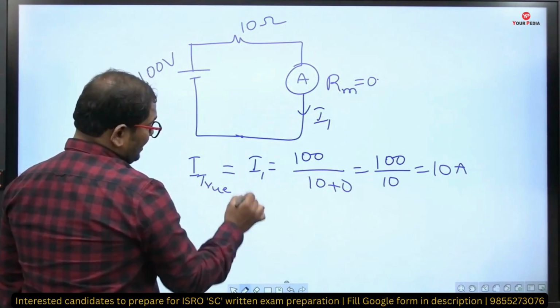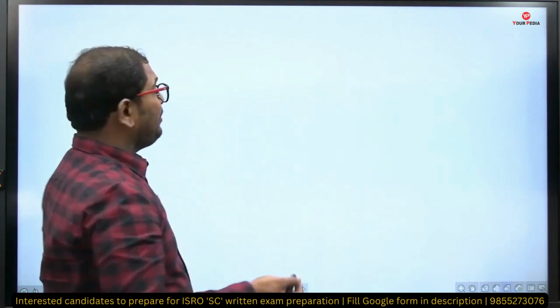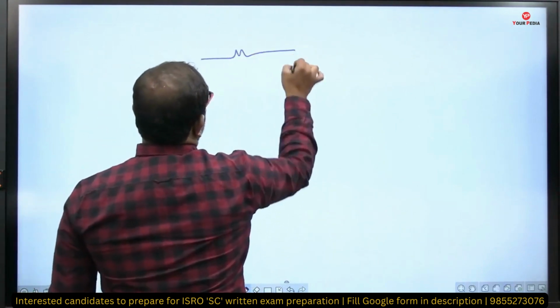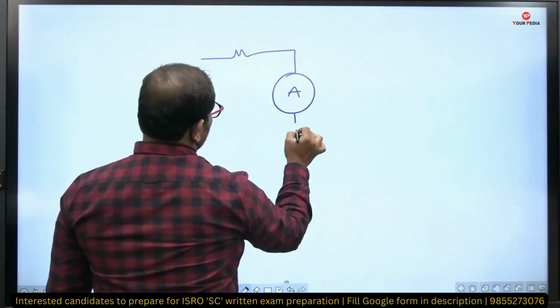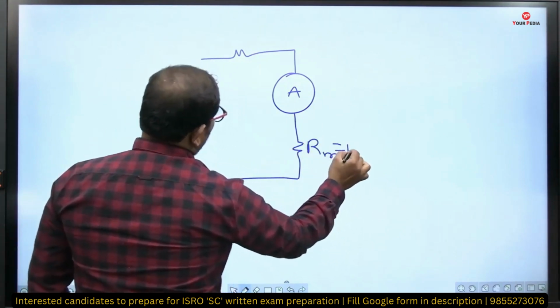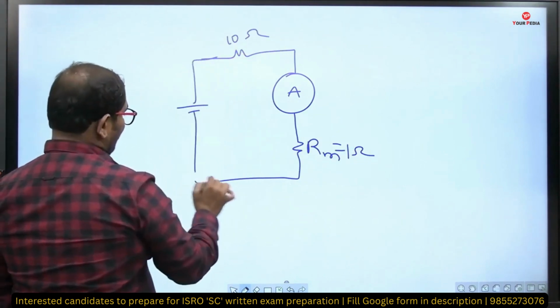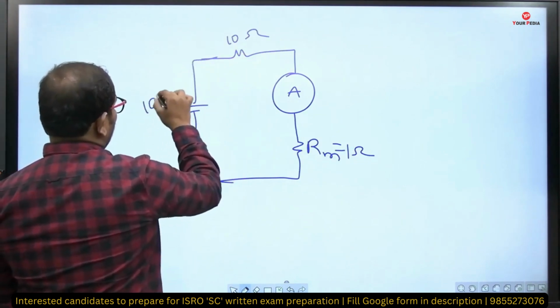What about the actual current? To get the actual current, we need to introduce a practical ammeter, which has some internal resistance. Let me take it as 1 ohm. So this is 10 ohms, connected to a source of 100 volts.